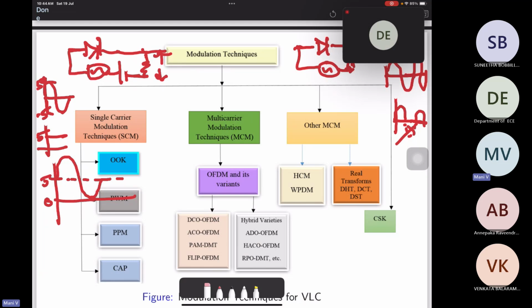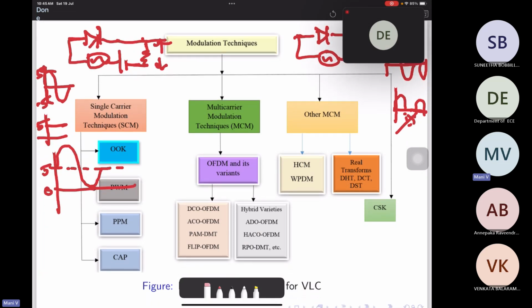Binary phase shift keying, phase shift keying, frequency shift keying. Pulse width modulation is partly analog and partly digital communication. Phase shift keying and frequency shift keying are more than enough. That means the phase of the signal is changed, right? When you are transmitting a positive signal, I use one phase. When I am transmitting another signal, I use another phase.